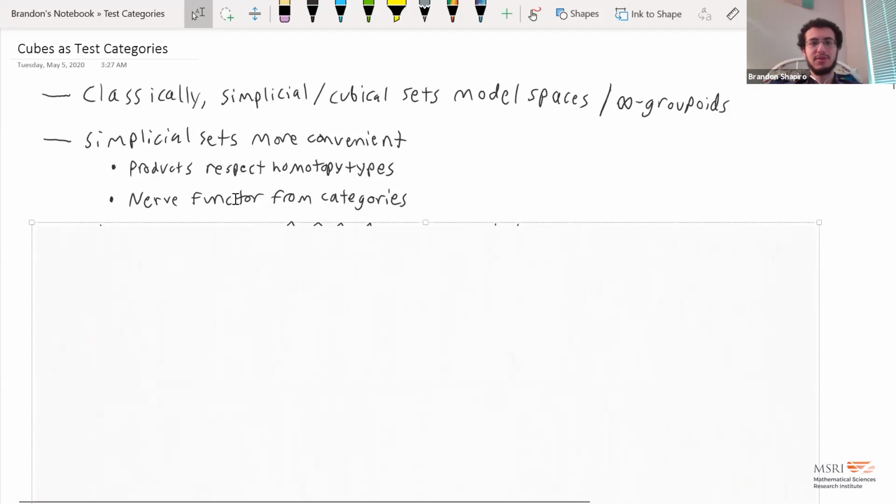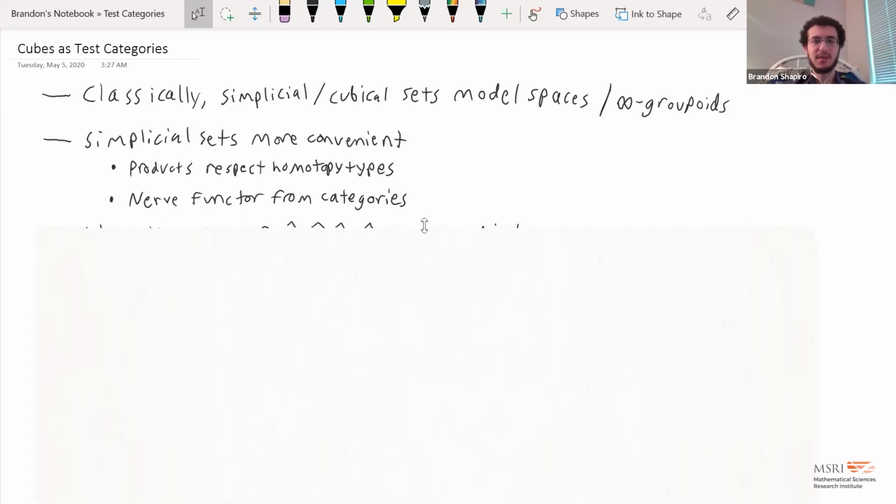And we also have a particularly nice nerve functor from categories to simplicial sets. All other suggestions as to why simplicial sets are better than cubical sets are very welcome. But I think these are some of the most compelling ones. Though, of course, a lot of people just prefer simplices.